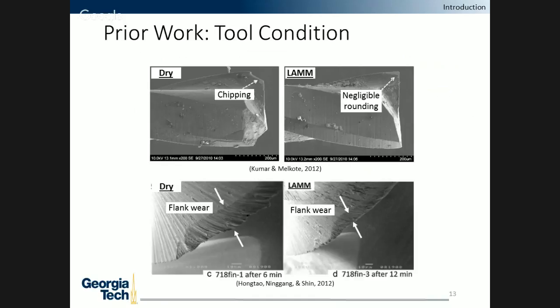Another example is machining Inconel with micro tools. Under dry cutting conditions, they show significant wear after only 6 minutes of cutting. But under the same cutting conditions with laser assist, they were able to cut twice as long with even less wear, as shown.